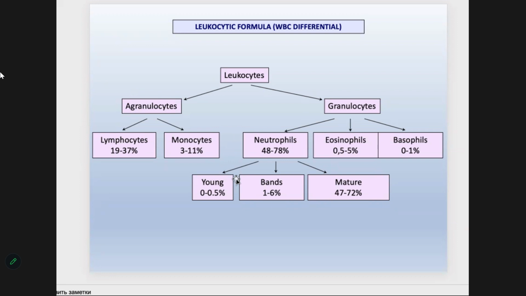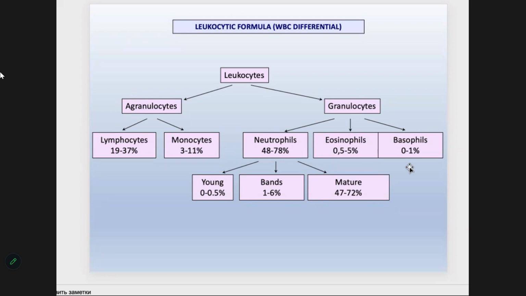The percentages of the different types of neutrophils you should know by heart, because it's the leukocyte formula, the blood analysis of your future patients. Agranulocytes do not have specific granules in the cytoplasm, and are subdivided into lymphocytes and monocytes.